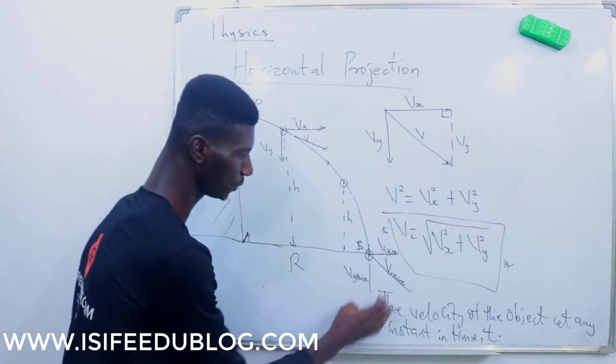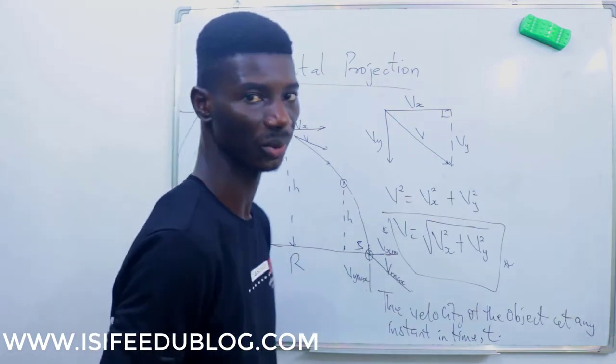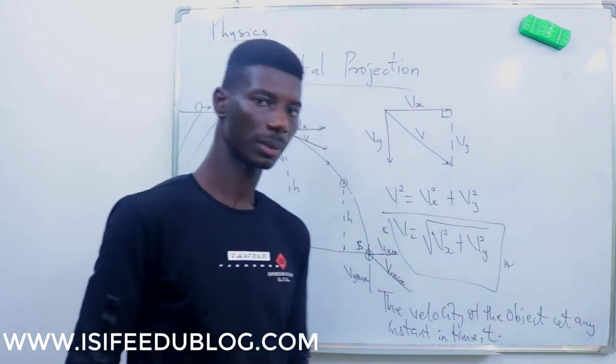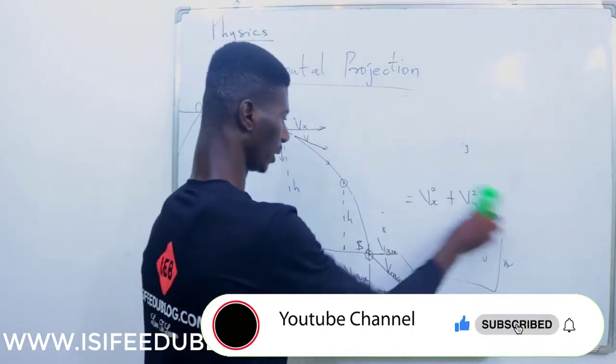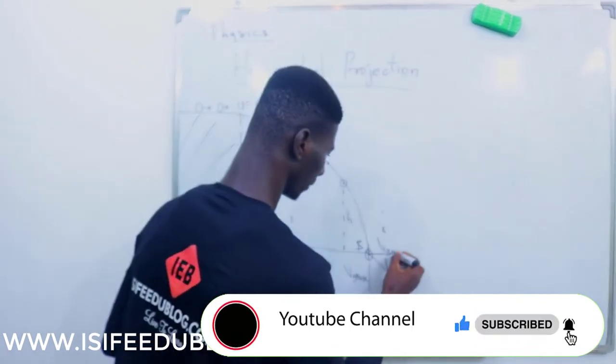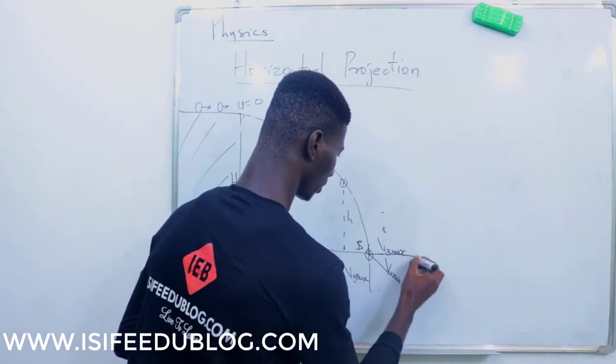So what happens to V when it's about to hit the ground? Let's see, in a similar way. So what we have is Vx max when it's about to hit the ground.